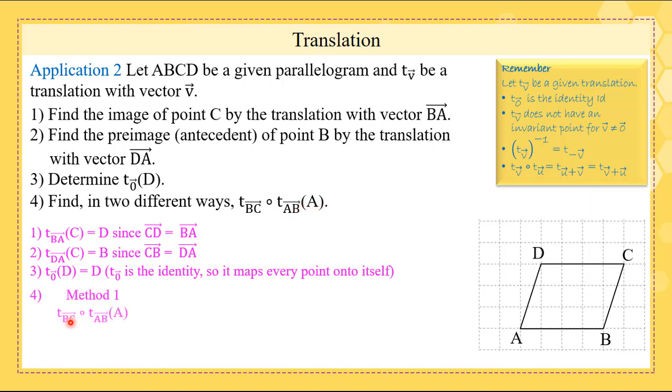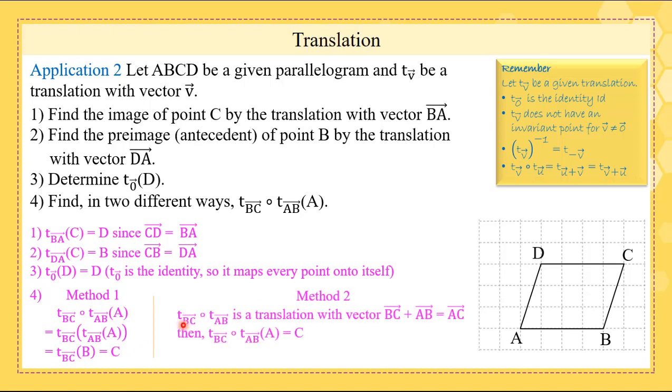Now method 1. In fact, translation by BC vector round the translation by AB vector of the point A is equal to the translation by BC vector of the translation by AB vector of the point A, which is equal to the translation by BC vector of the point B, which is equal to C. Now method 2.